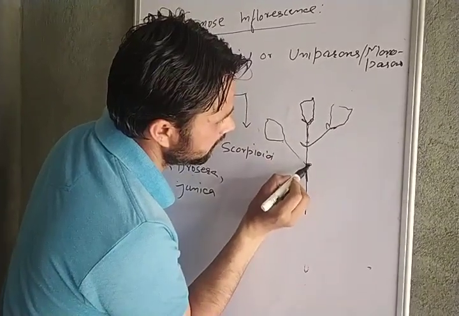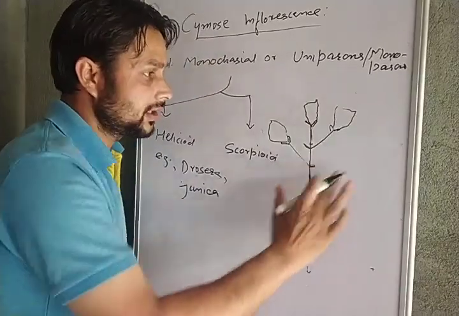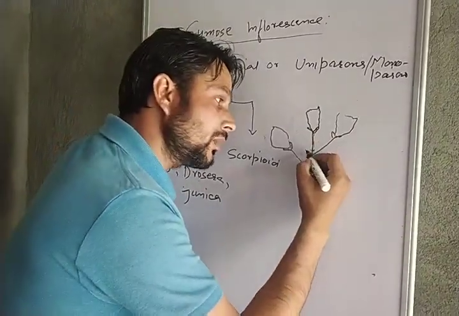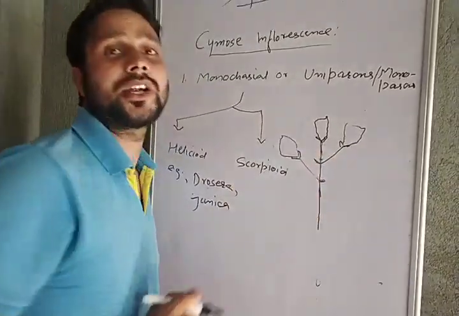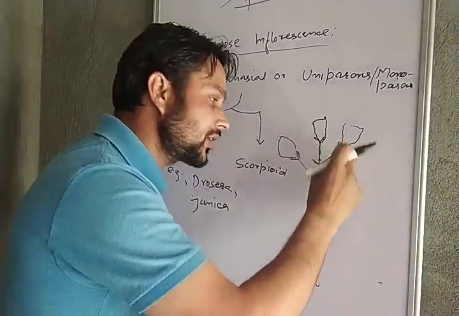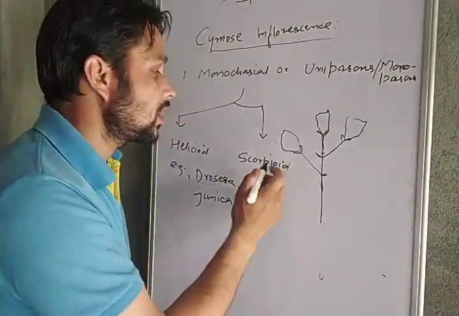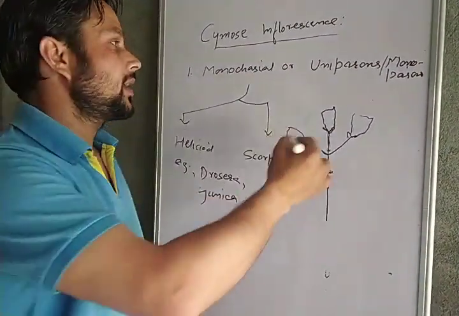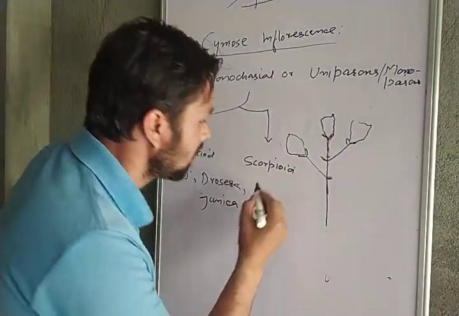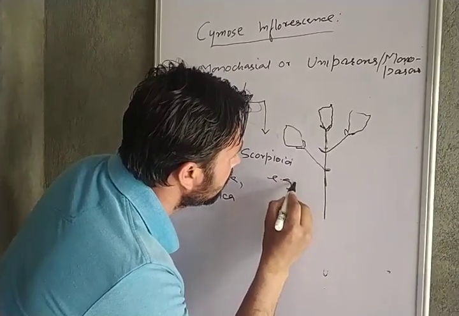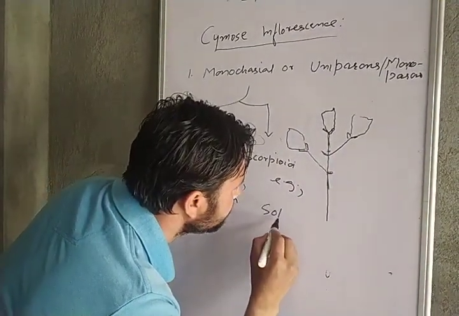These are leaves. In this type, the floral axis terminates into a flower alternately on both sides. When it terminates into a flower alternately on both sides, this is called scorpioid type of inflorescence, which is a type of monochasal inflorescence. For example of scorpioid inflorescence, we can say Solanum nigrum.